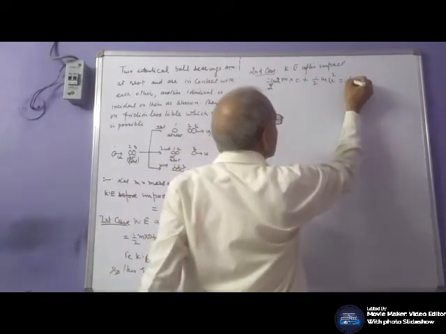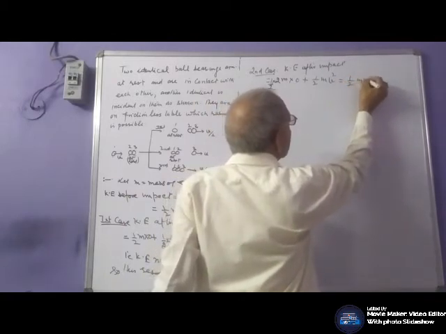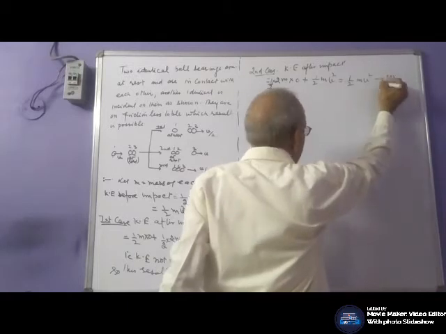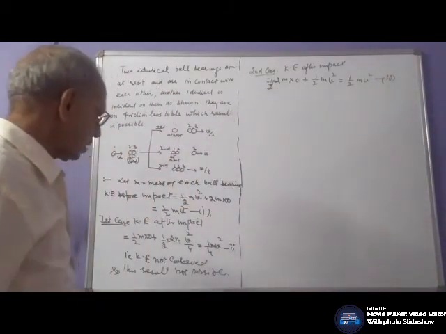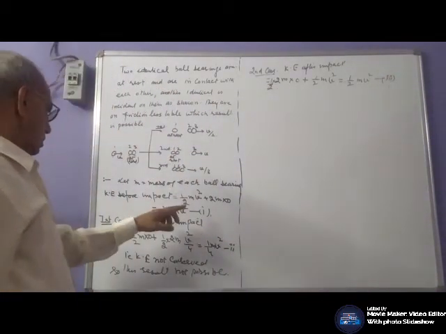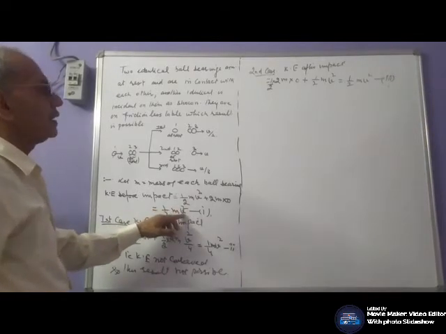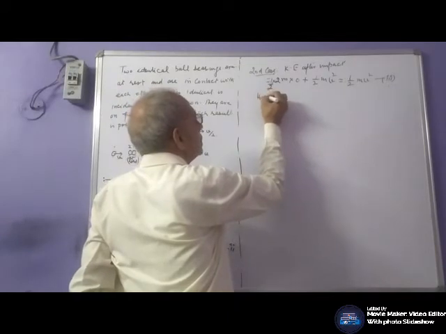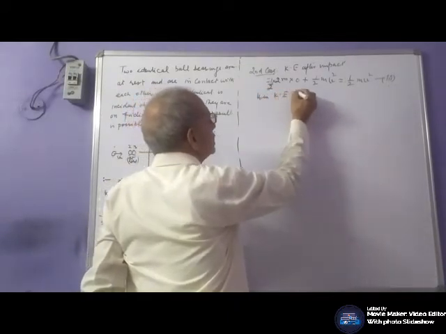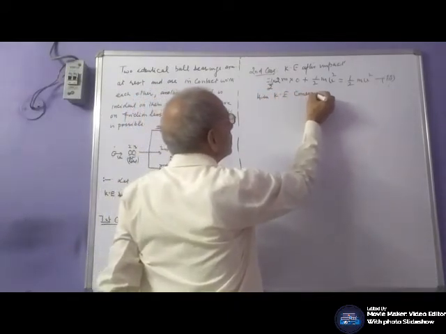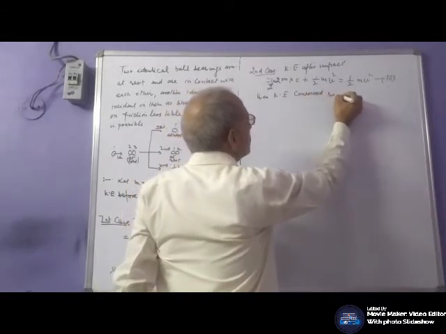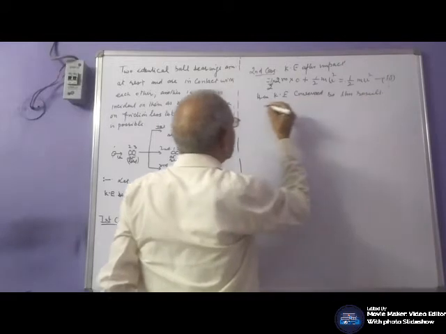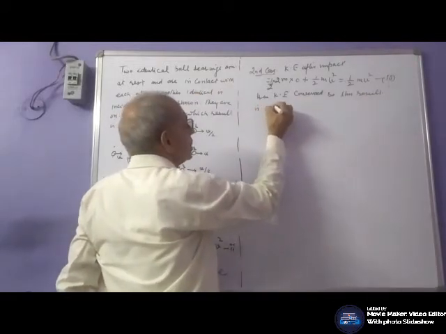It is half m v square, equal to the equation third. This was the kinetic energy before, hence kinetic energy is conserved. So this result is possible.